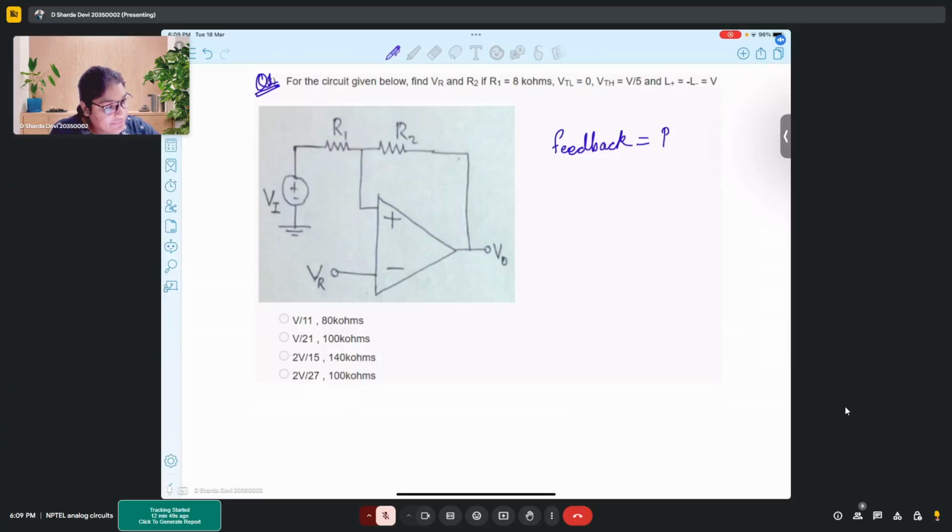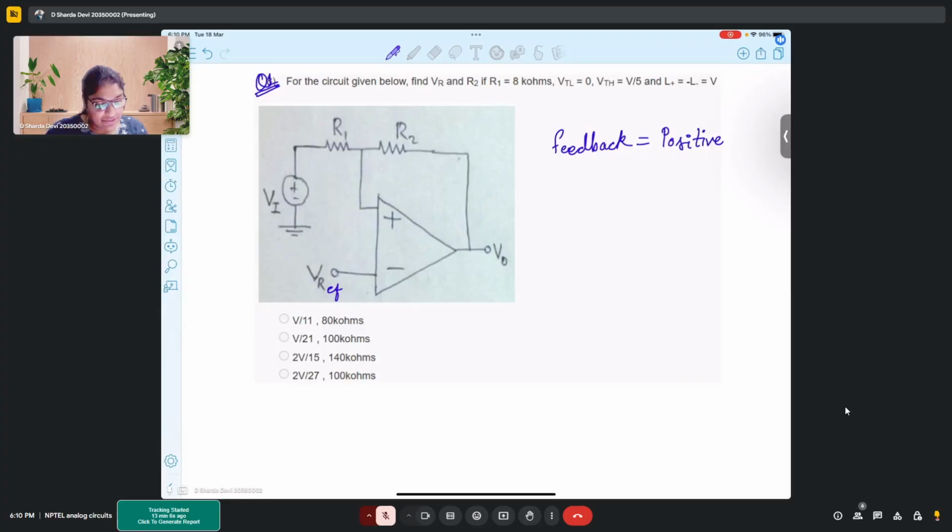Yes, this is positive feedback, right? And this VR is nothing but V reference, the reference voltage. So there is a reference voltage given to one terminal and there is a positive feedback.